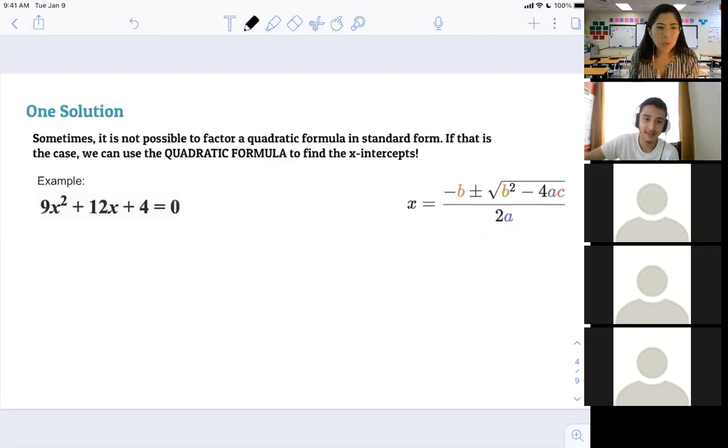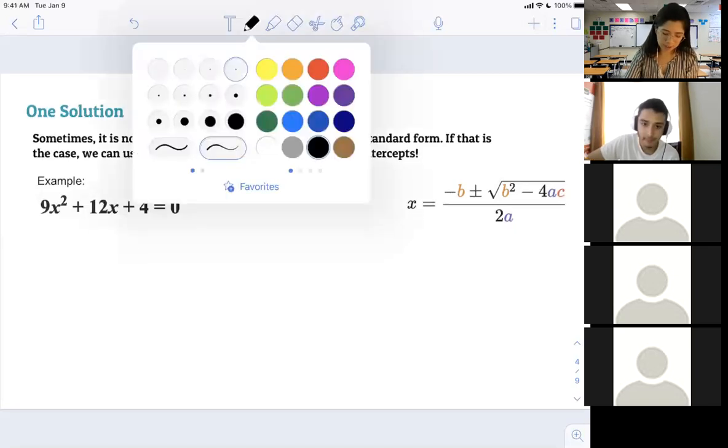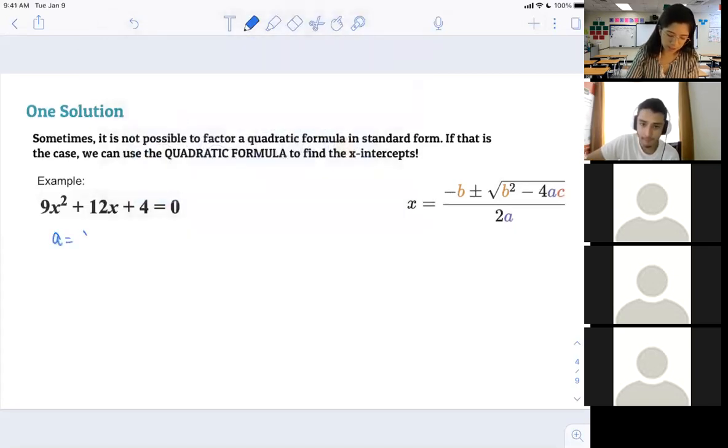All right, let's go through this one. This one is a special case. So A is 9, B is 12, C is 4. I mean, just 4. I can read. Who can tell me what to plug into my formula?